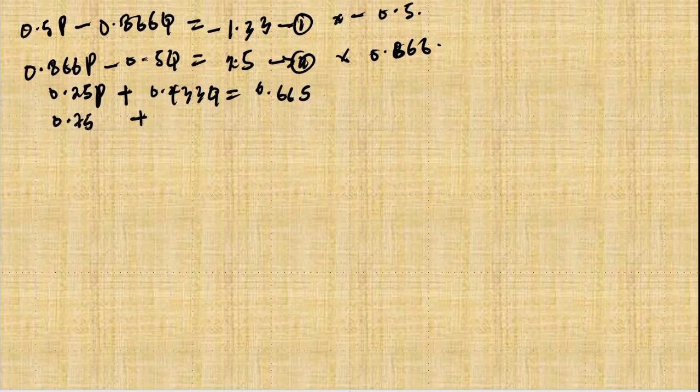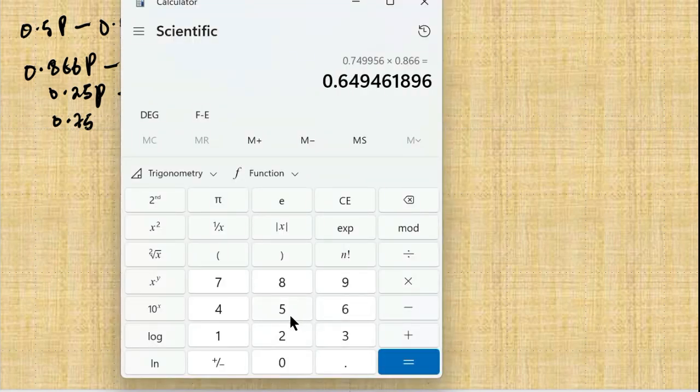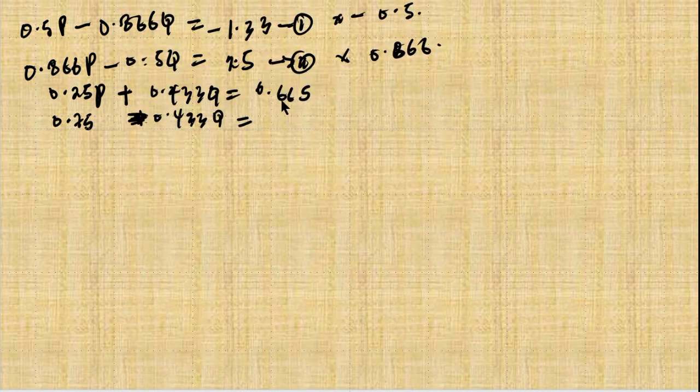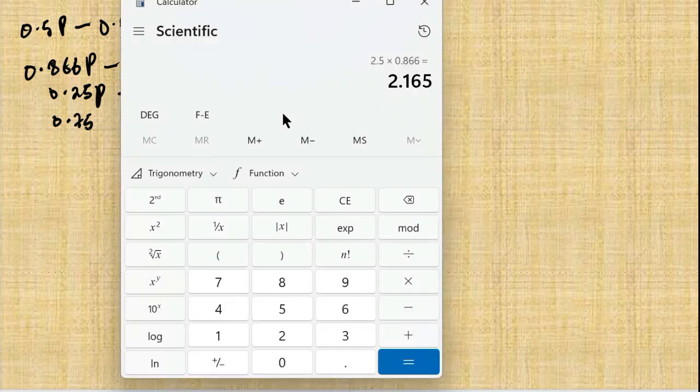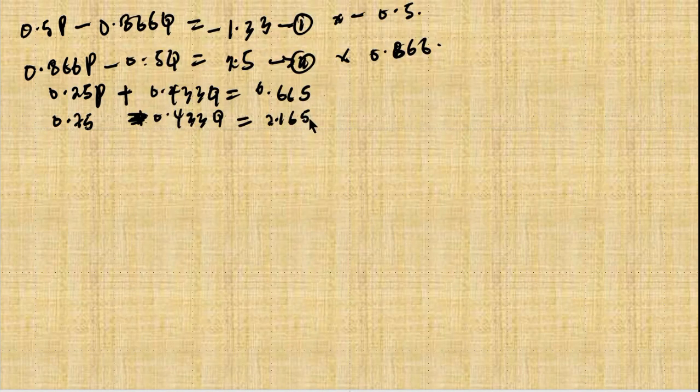Plus, now 0.5 times 0.866, that's 0.433Q. Now it's minus because the sign here is negative, equals 2.5 times 0.866, that's 2.165.